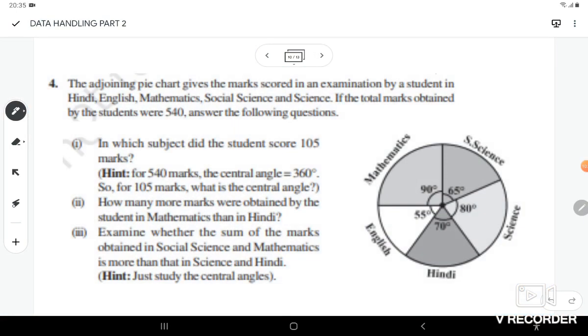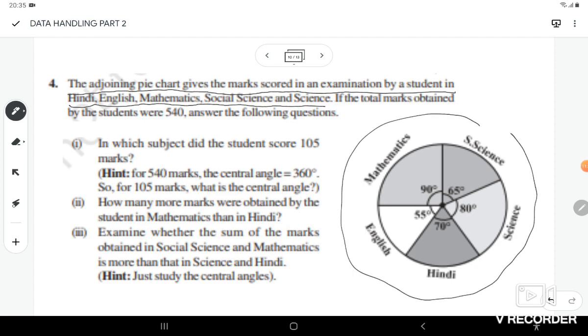Now moving on to question number 4. It says the adjoining pie chart gives the marks scored in an examination by a student in Hindi, English, mathematics, social science and science. You can see the pie chart on the right hand side of the screen.